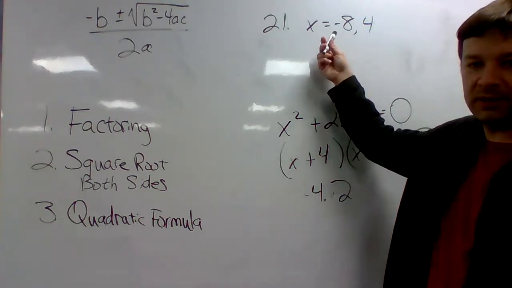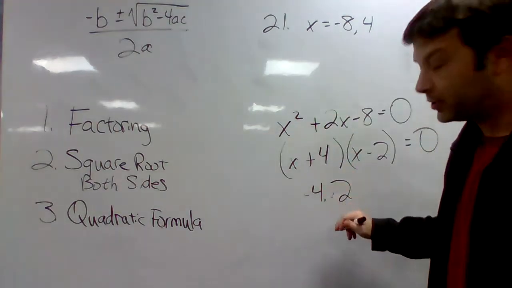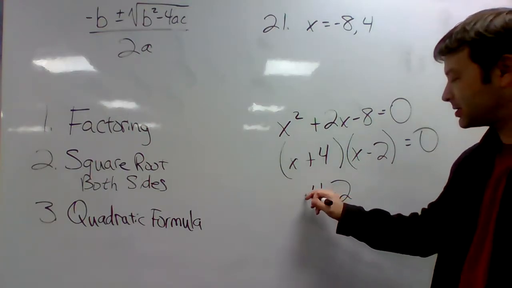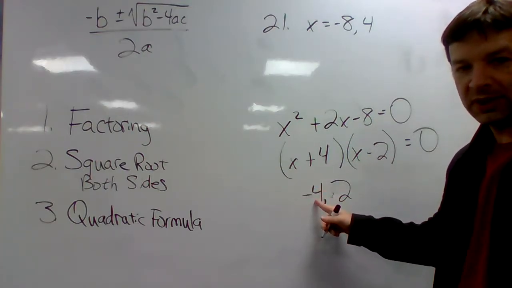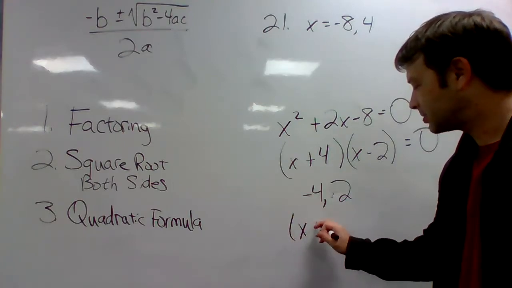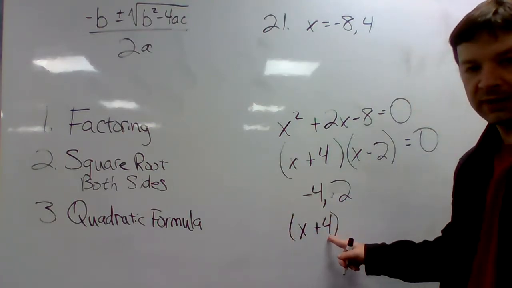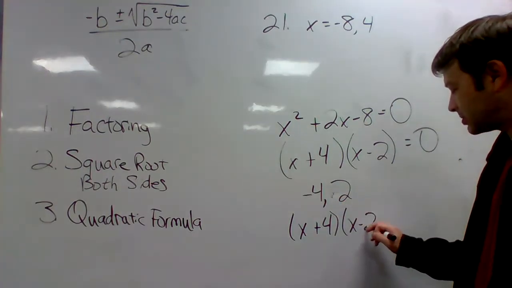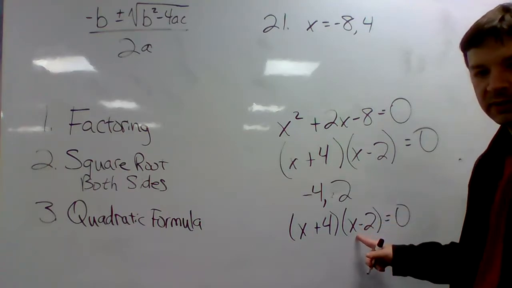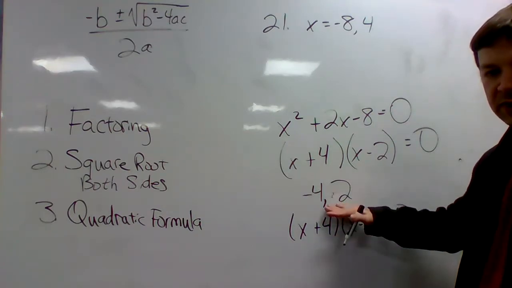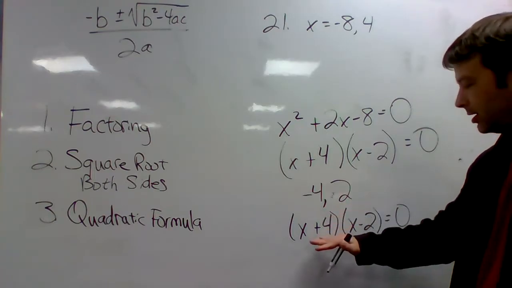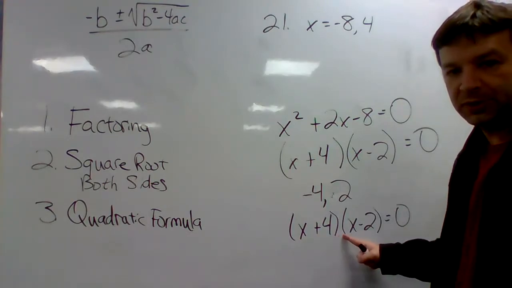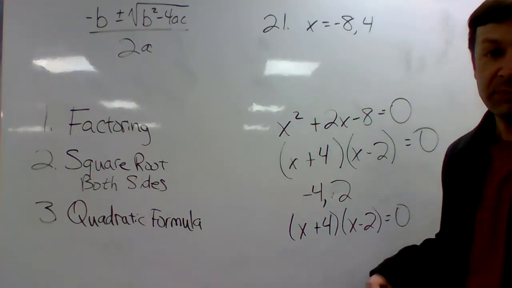Okay, this is not this problem. Sorry if I confused you, but this is an example. So if we reverse this process, if negative 4 is an answer, I could say that x plus 4 is a factor. If positive 2 is an answer, I could say x minus 2 is a factor. So this is an equation that would have these two answers. If I want to make it into standard form, I would just FOIL these two together and then I'd be done.